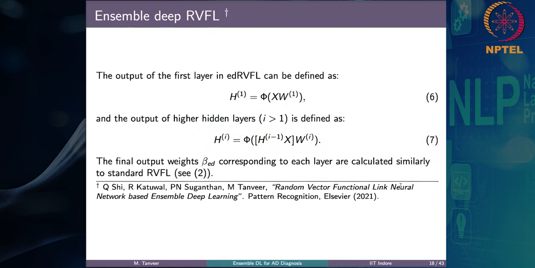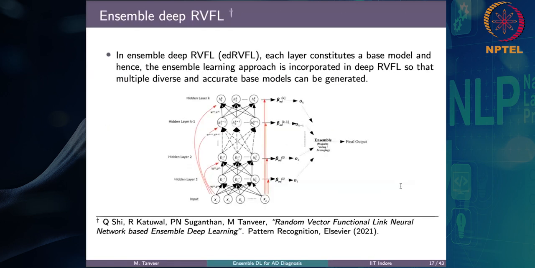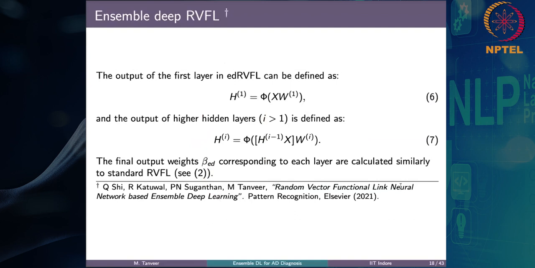This is a simple architecture of ensemble deep RVFL, and the output of the first layer can be represented as H1 equal to phi of XW1, similar to deep RVFL, and the output of the higher hidden layer can be represented in equation 7. And the final output can be calculated similar to the extended RVFL model.